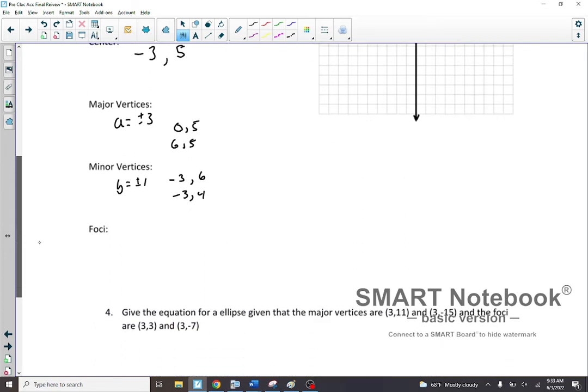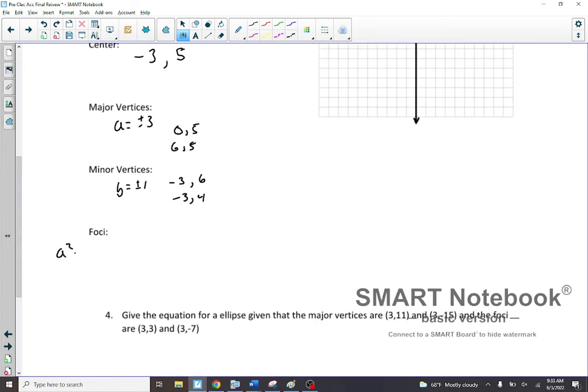The foci is the c value. To get the c value is a squared plus b squared equals c squared. I'm sorry, not plus, but minus. So 9 minus 1 equals c squared. 8 equals c squared. You have a calculator if you need to do it, but it'll be about 2.8 or 2.9.